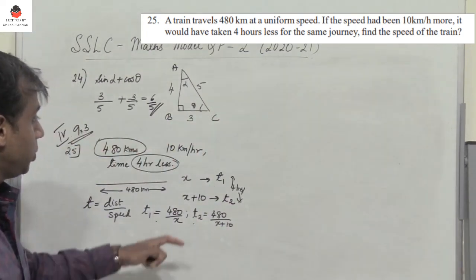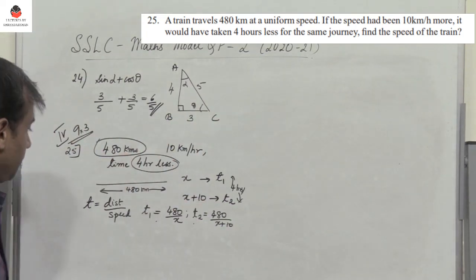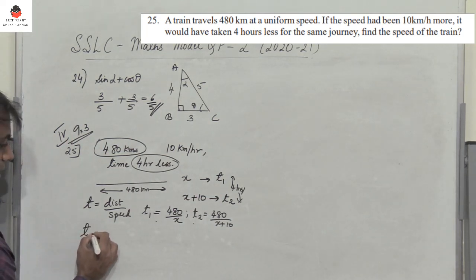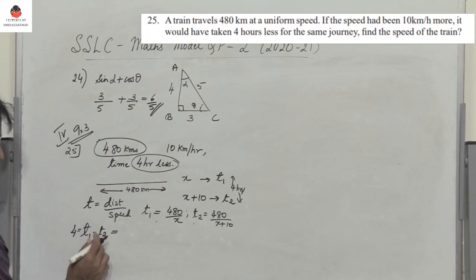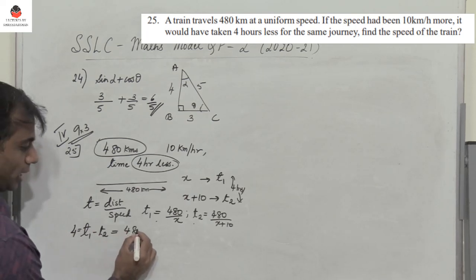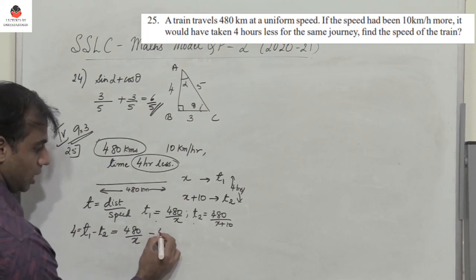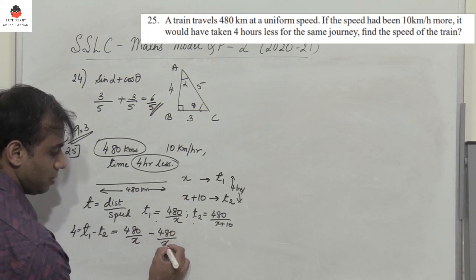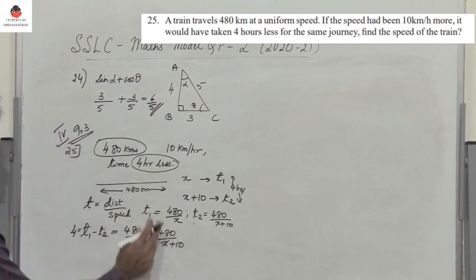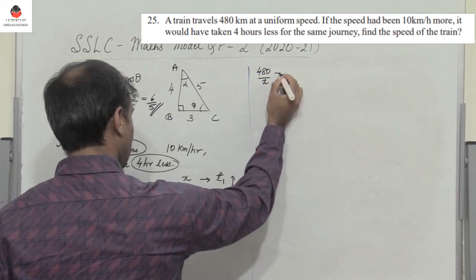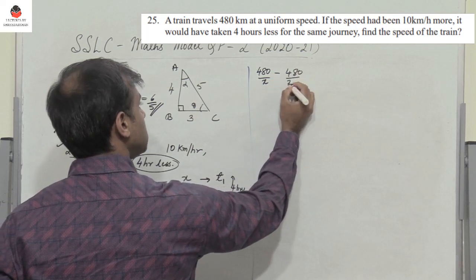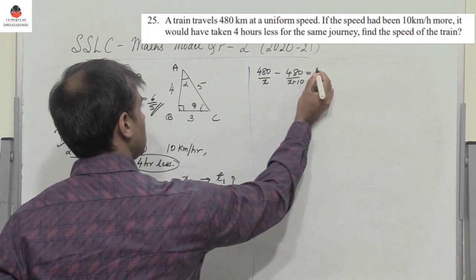So the difference between T1 and T2 is 4. So T1 minus T2 is 4. So 480 by x minus 480 by x plus 10 is equal to 4.